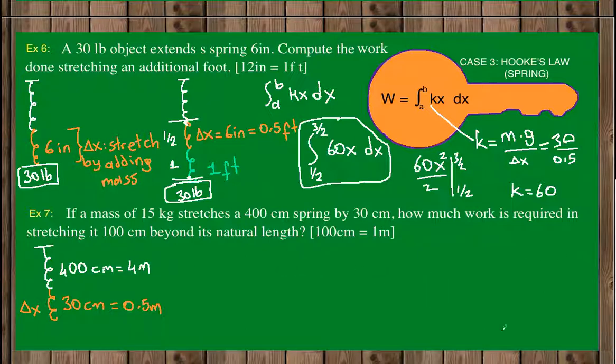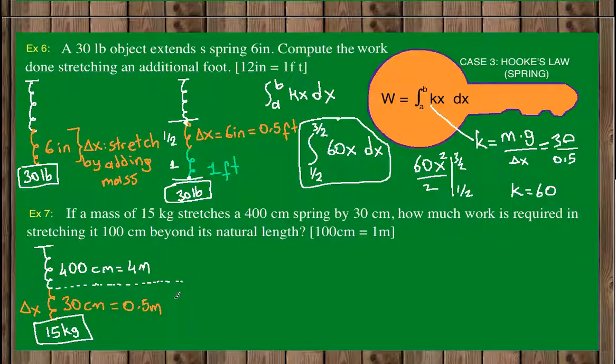And we have a mass which is 15 kilograms here. And our scenario is how much work is required in stretching it 100 centimeters beyond its natural length. So this is the natural length here before adding any mass and any stretch.